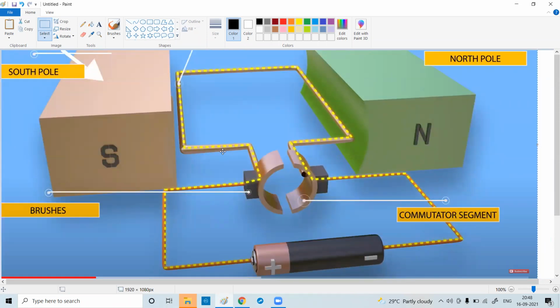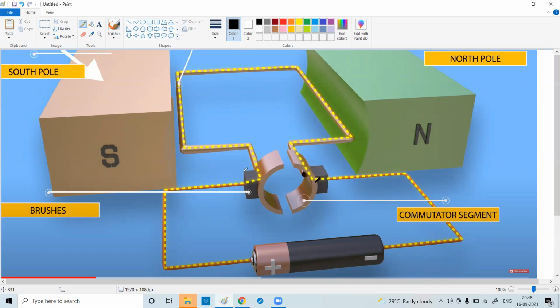Think, for example, that this is not there. Without the commutator, what is it basically doing? It is providing a contact with the wire. The wire is rotating, but this part is not rotating.